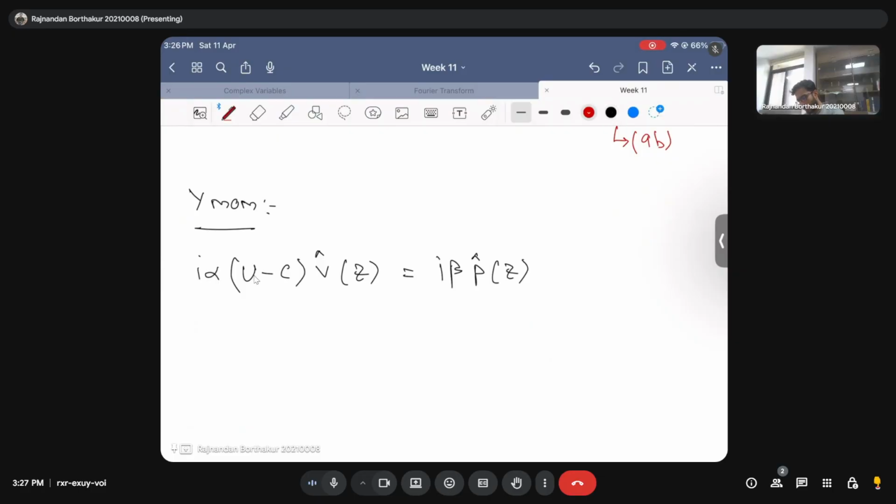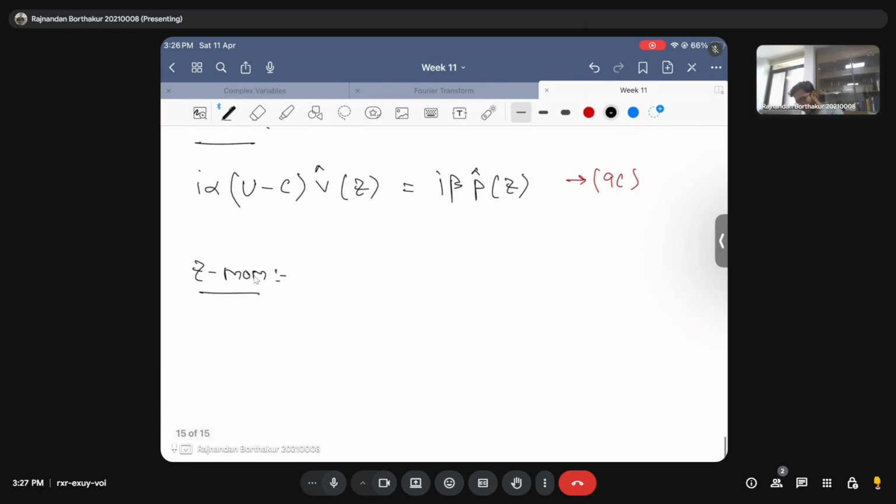Maybe that is 9c, and your z momentum equation is i alpha U minus c w hat of z equal to minus dp hat by dz. Maybe I'll name this as 9d.